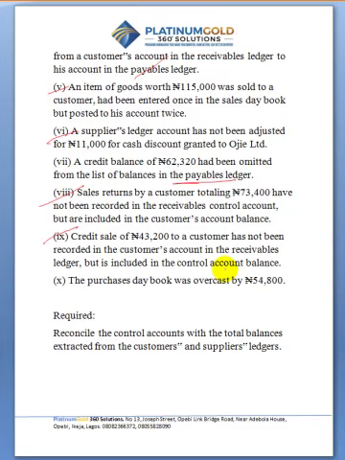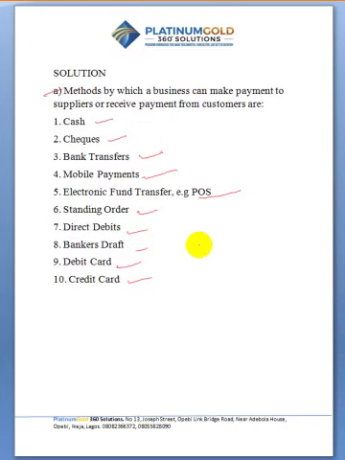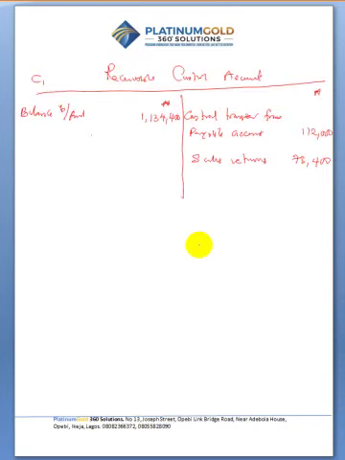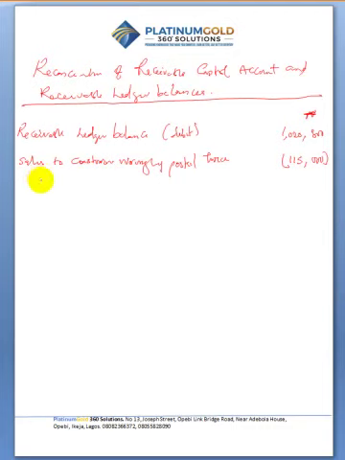So another omission on the sales ledger. Credit sales omitted, 43,200. So it will jack up the balance.